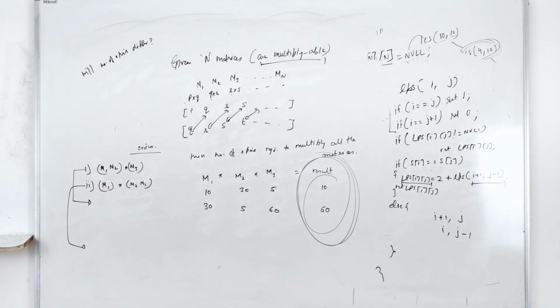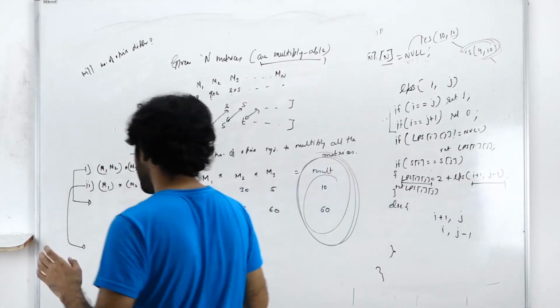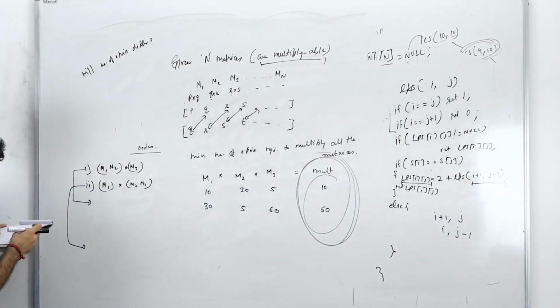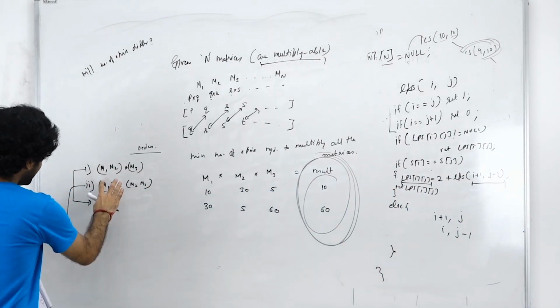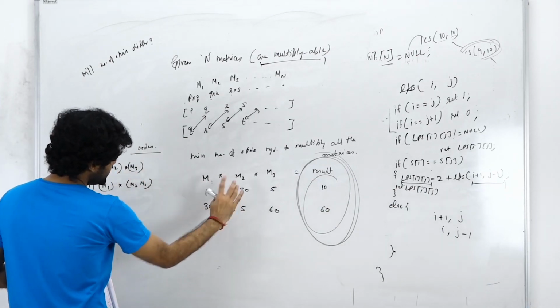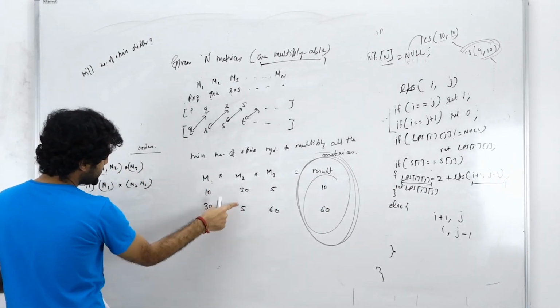Okay, how many of you are getting 4500? Those of you who are getting 4500, that is perfectly correct. Okay, so look at the board. If you could not do it till now, look at the board. If you are multiplying m1 and m2, then you are multiplying 10 cross 30 with 30 cross 5.